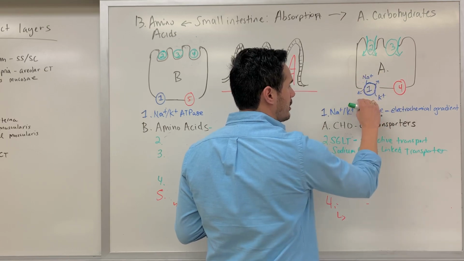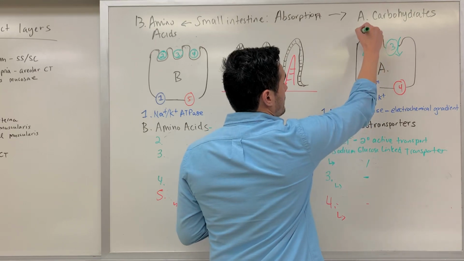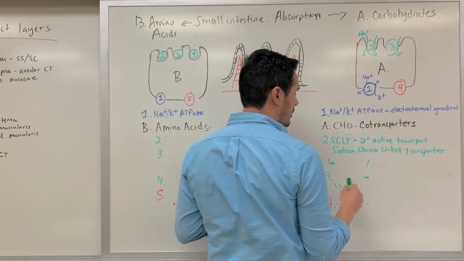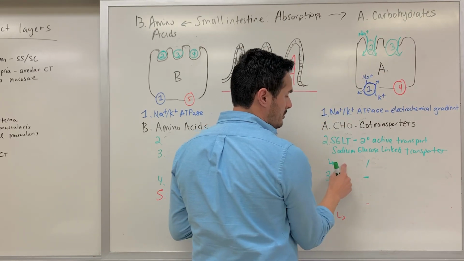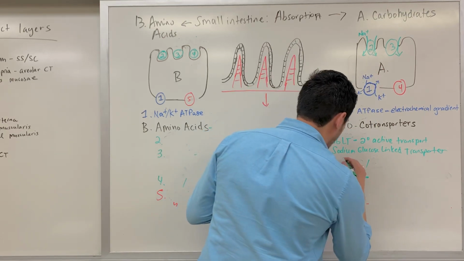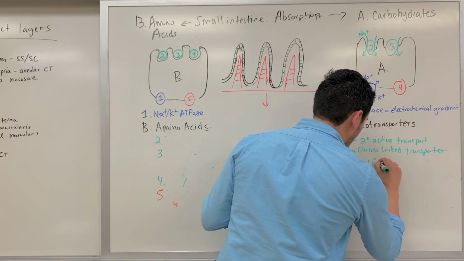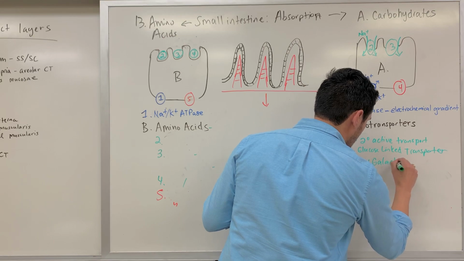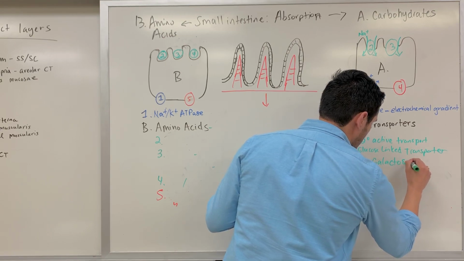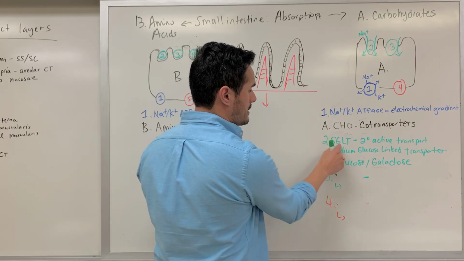There's a difference in charge, and it allows this co-transporter for the sodium as well as two different types of monomers to get into this enterocyte. So what it transports is glucose as well as galactose. Okay, so this is for SGLT.